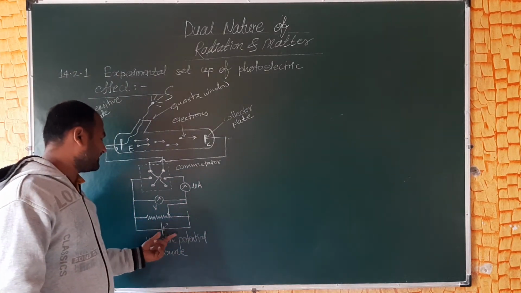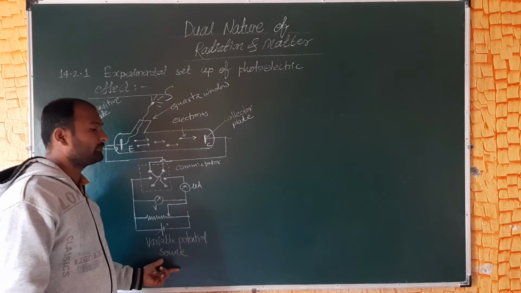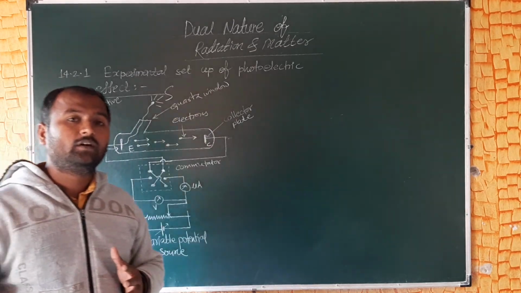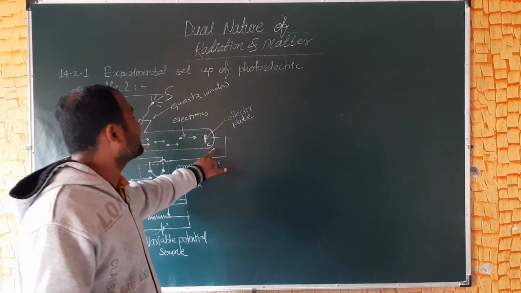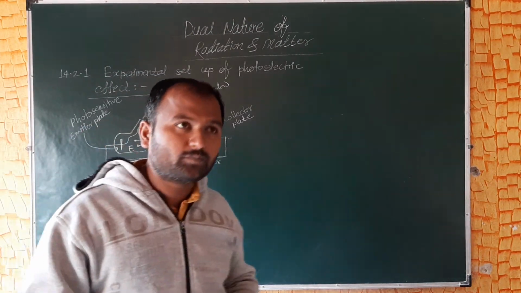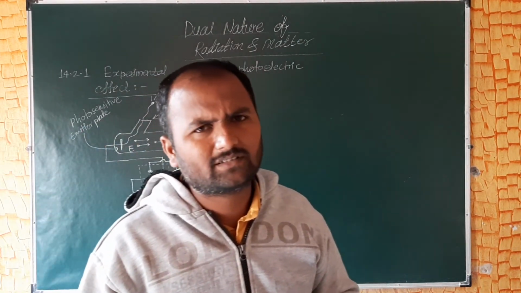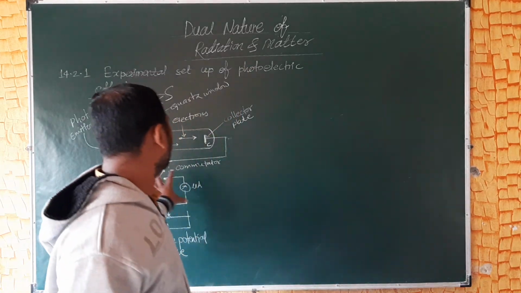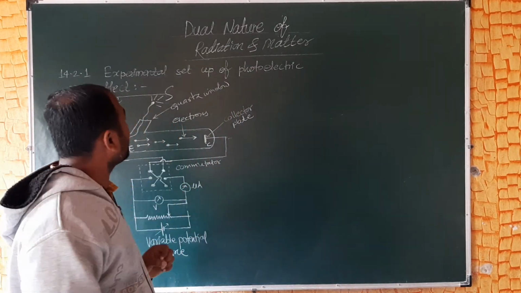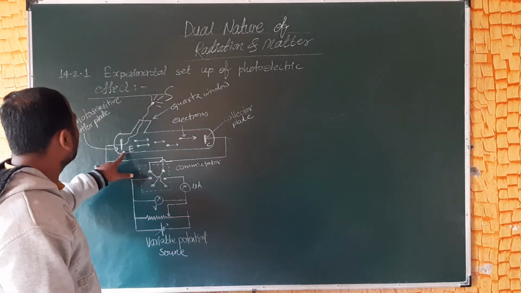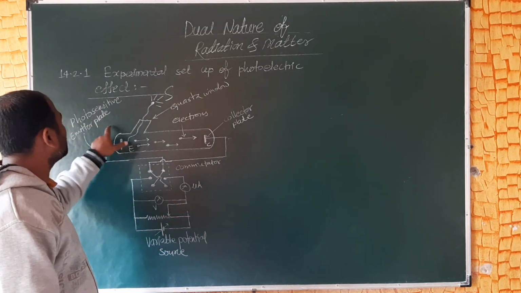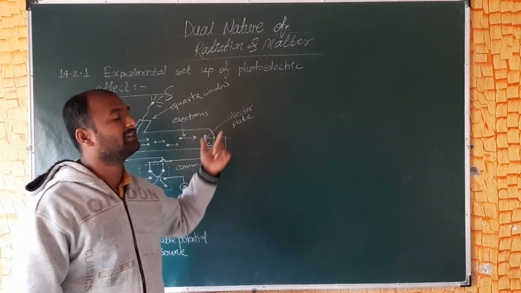This is a resistor, and this is a variable potential source. Here the commutator is used to reverse the polarity. C is at a positive potential, and we reverse the polarity by using the commutator. So it consists of an evacuated glass tube. Here E is the photosensitive emitter plate and C is its collector plate.